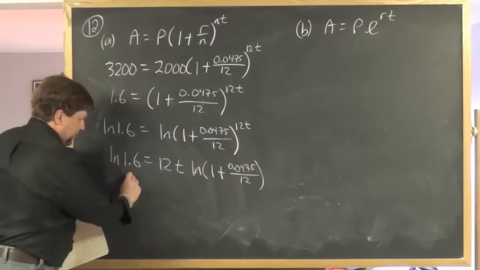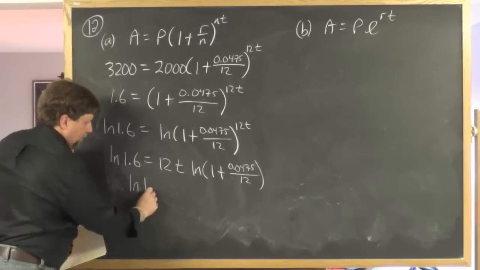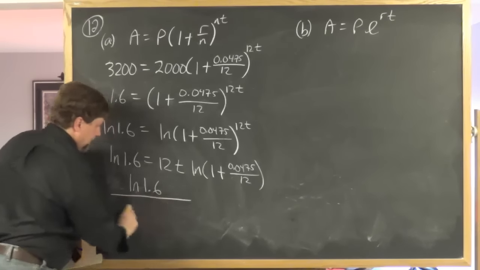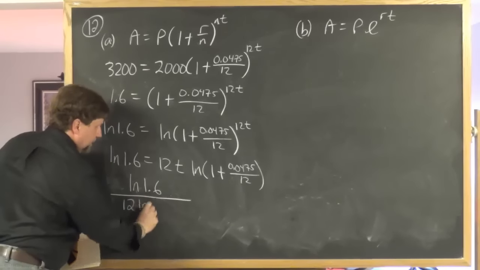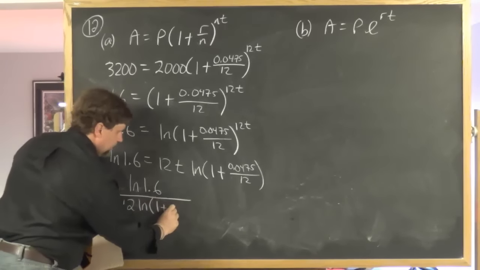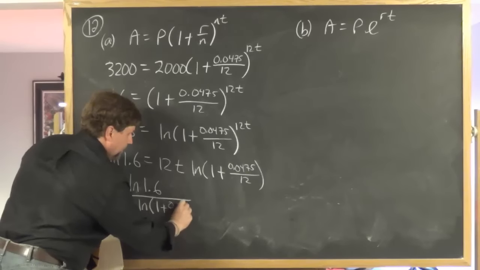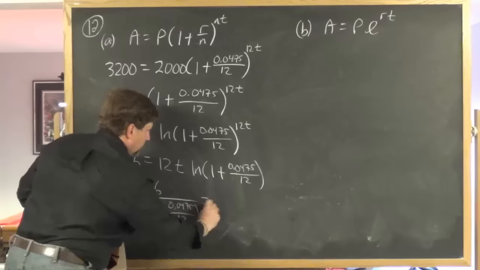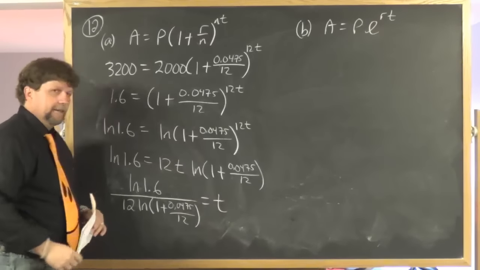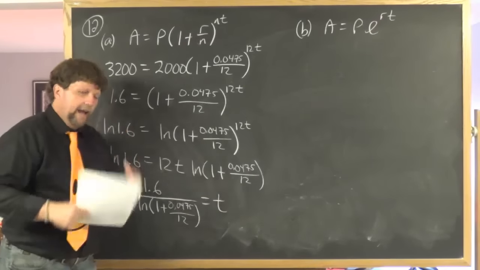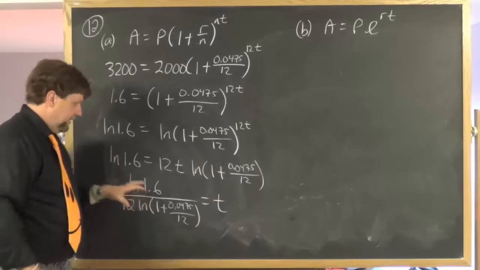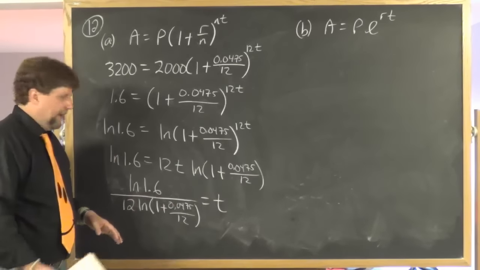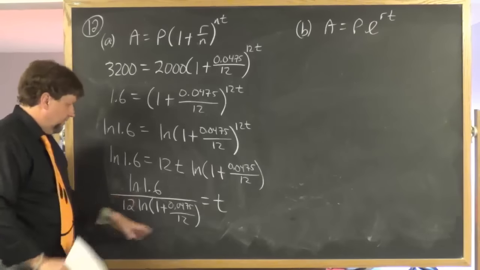So I have this mess, folks. The natural log of 1.6 divided by 12 times the natural log of 1 plus 0.0475 divided by 12. That's equal to t. And now's when I fire up the calculator and crank all this through.